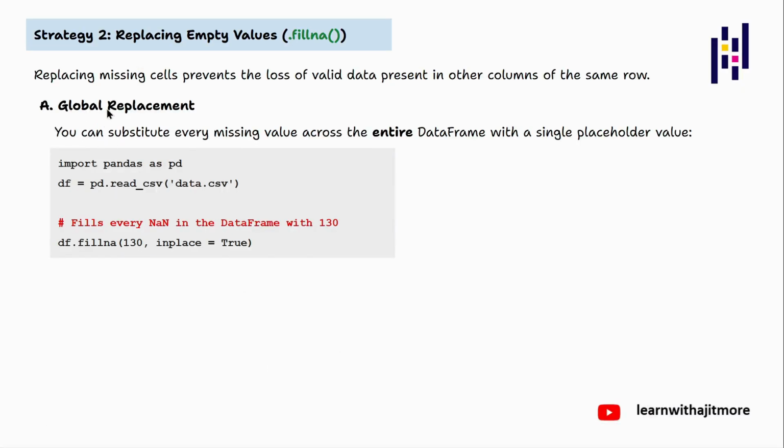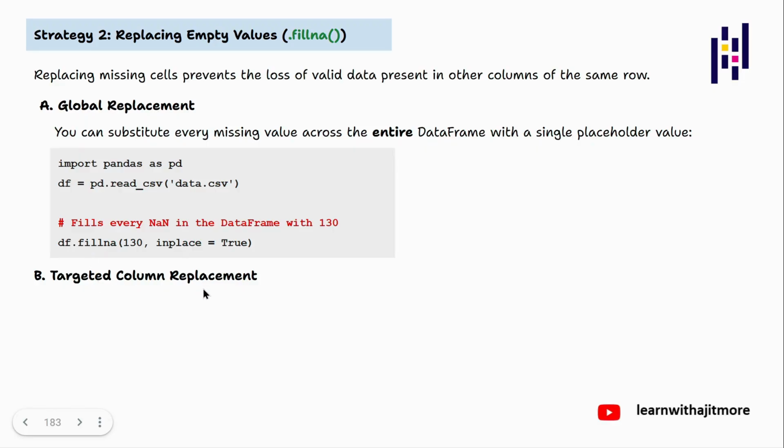So sometimes global replacement doesn't make sense. So you can replace a particular column only, not the entire data frame. Instead of replacing NaN with some fixed value everywhere, you can replace one particular column's NaN value with some value. So that provision also they have given.